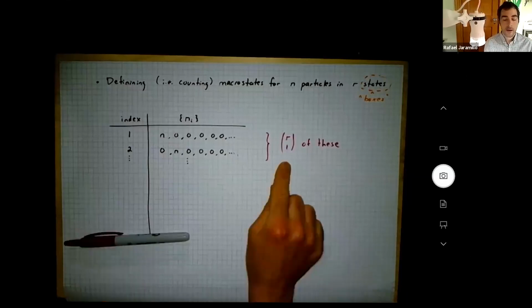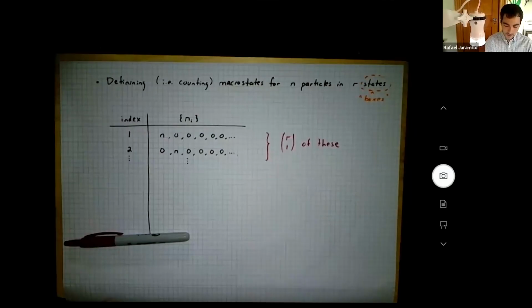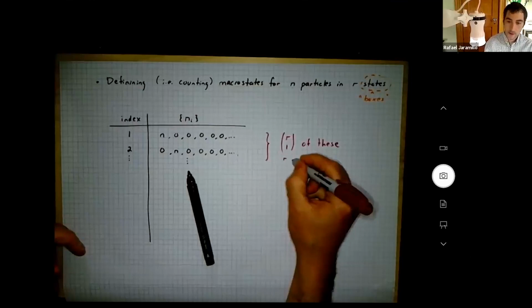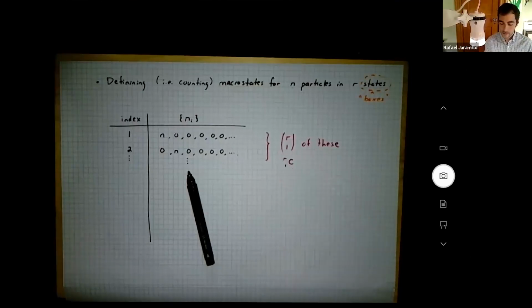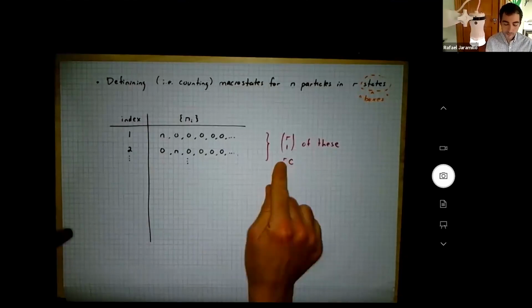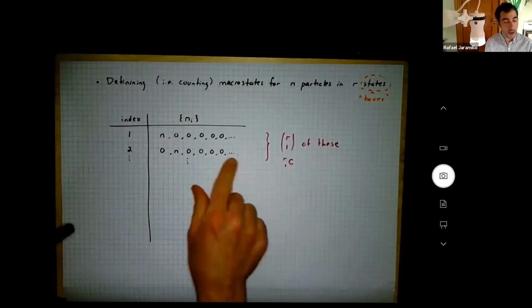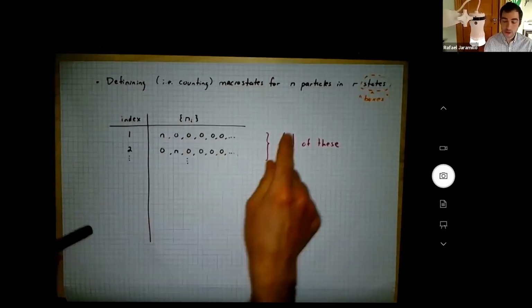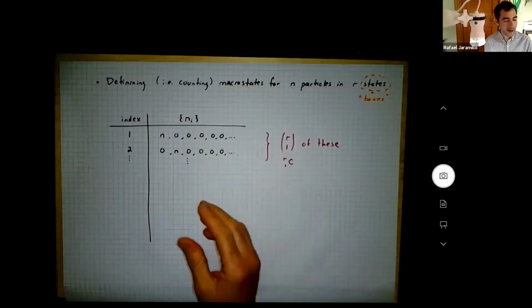I'm using the parentheses notation for the binomial coefficient. Some of you have seen this as R choose one. It's a little more compact to write in parentheses. If you've never seen the binomial distribution, we should make time to talk about it. But why is it R choose one? It's because you have R states and you're just choosing one of those states into which you're going to put all the particles. And by the way, R choose one is just R. You have R choices.